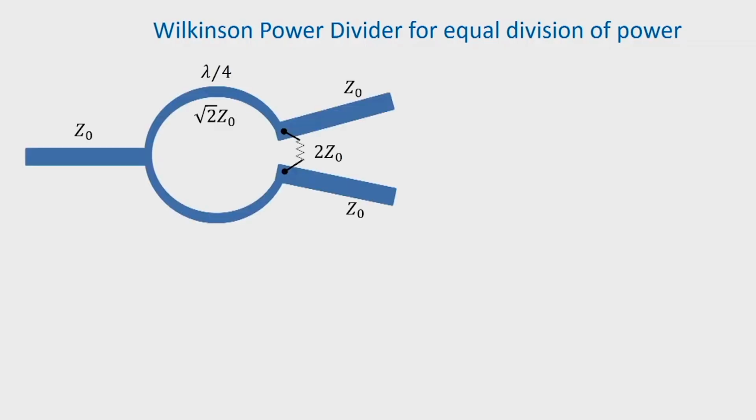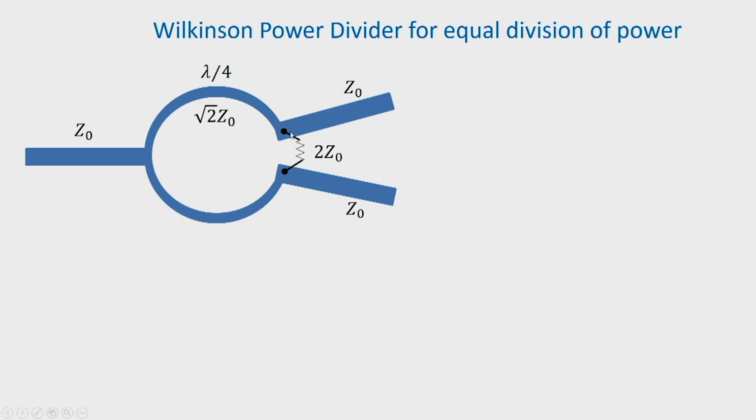So, in the basic form, here we are showing a planar version of a Wilkinson power divider. We have all three ports. It is an equal power divider. So, this is the input port and these two are the output ports, and all three ports are having characteristic impedance Z0.